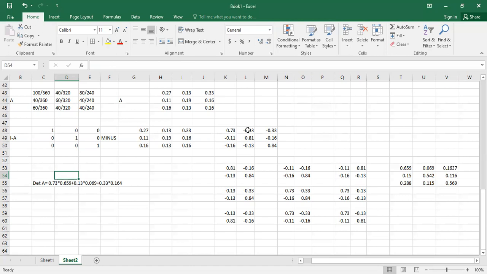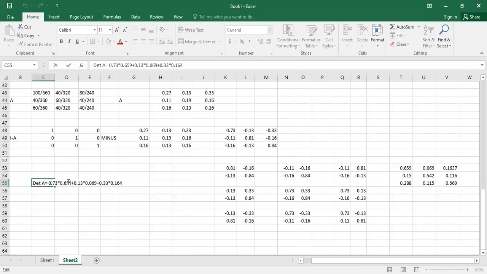When the third one is negative or positive, we are multiplying by this. What do you get? So this should be negative.